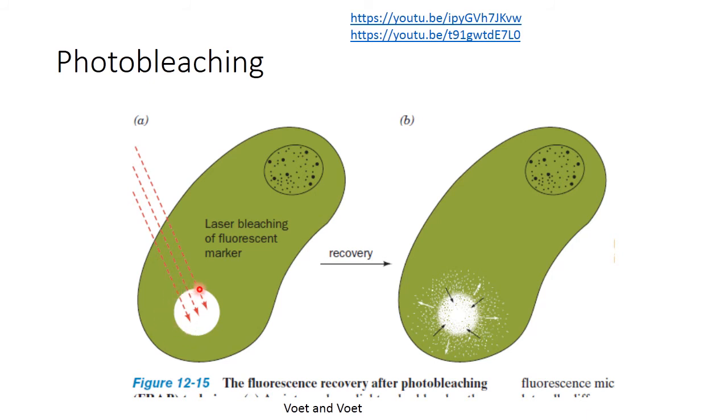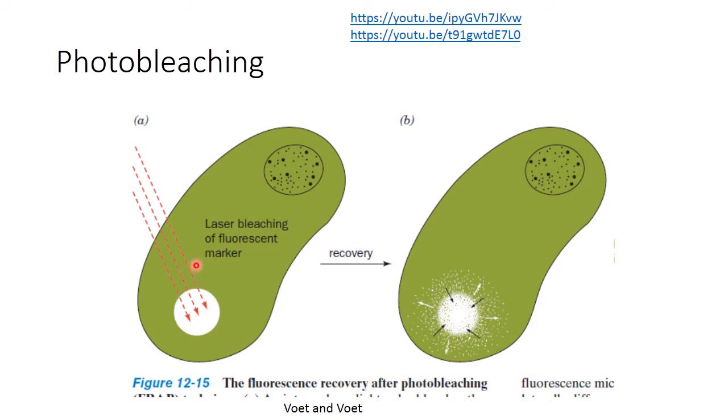At a selected location of the cell, a laser of a typical wavelength is allowed to be incident, and the laser is going to bleach this area, and therefore the fluorescent signal will be lost from this area. In this representation, it is shown by this white color, but actually in a microscopic image, it is going to appear dark. It will be black in color. But in this illustration, it is represented by white color.